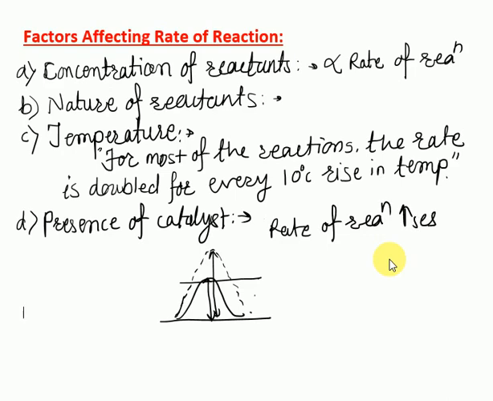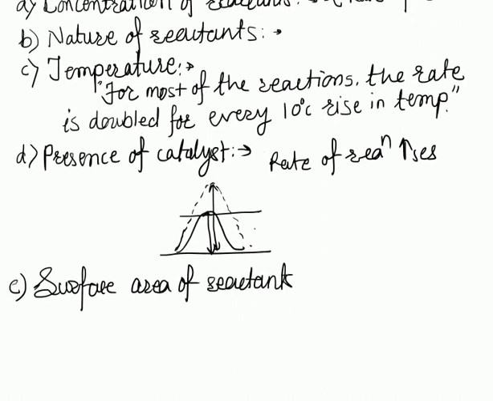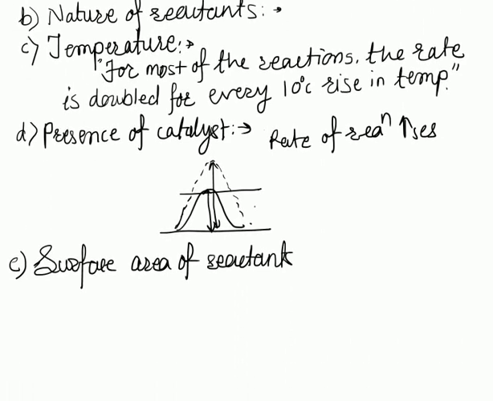The next factor affecting the rate of reaction is surface area of reactant. The rate of reaction increases as the surface area of reactant increases. As we know, finer substances react faster than granules or a bigger surface area.